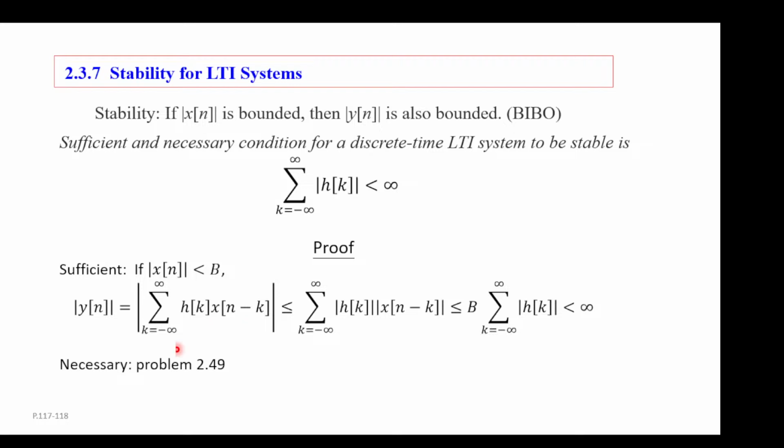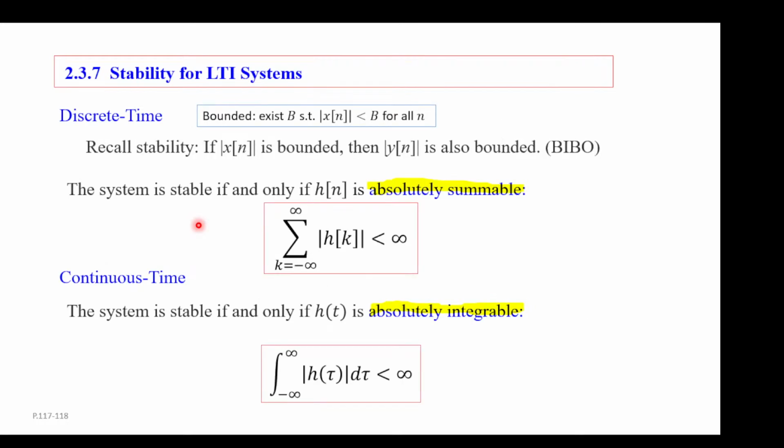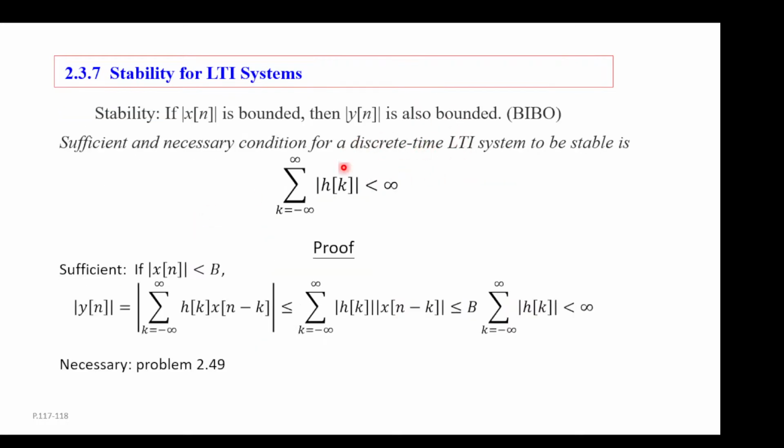Then let's do a partial proof of our claim. We claim that for your LTI system, let's only do the discrete case, your system is stable if and only if this equation is true. That means your h is absolutely summable: the absolute value of h summed from minus infinity to plus infinity is some finite value.